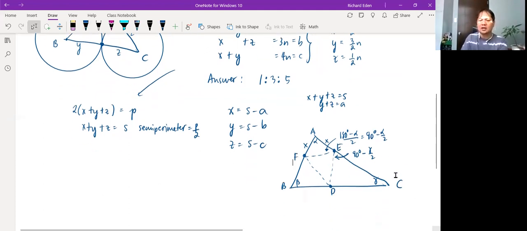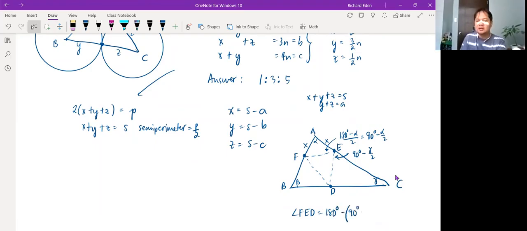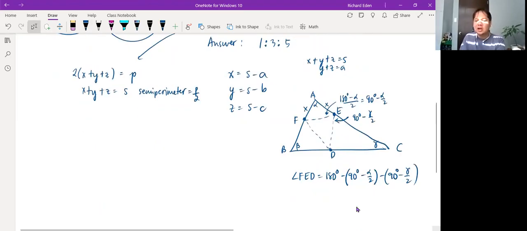So angle FED is going to be 180 degrees minus (90 degrees minus alpha over 2) minus (90 degrees minus gamma over 2). 180 minus 90, that's going to disappear. We are going to get alpha plus gamma over 2.